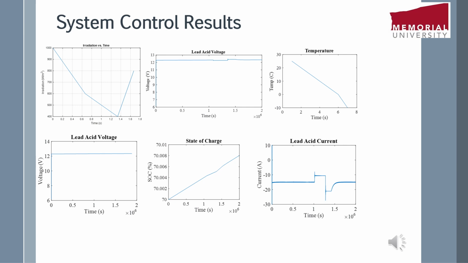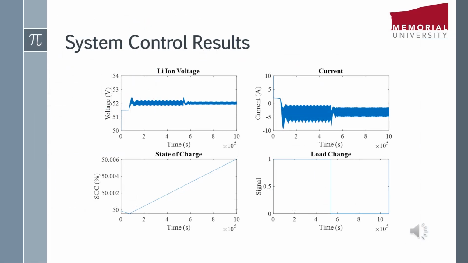The state of charge also stayed constant, and now the lead acid current at a certain point, which is below 400 watts per meter squared, the control system struggles to maintain the constant current. But we can see that as soon as we increase it to 800 watts per meter squared, the constant current for charging the lead acid battery was brought back to 15 amps in the right graph below.